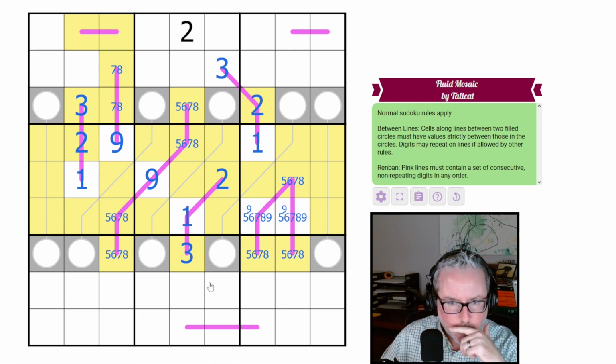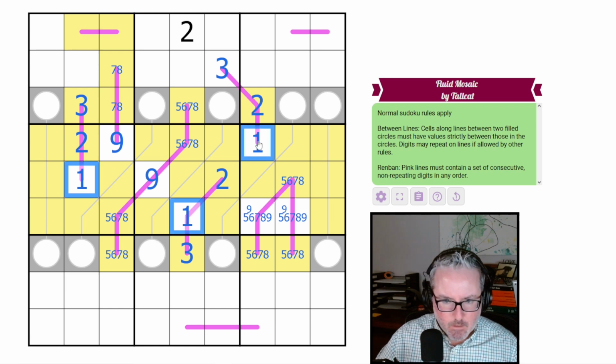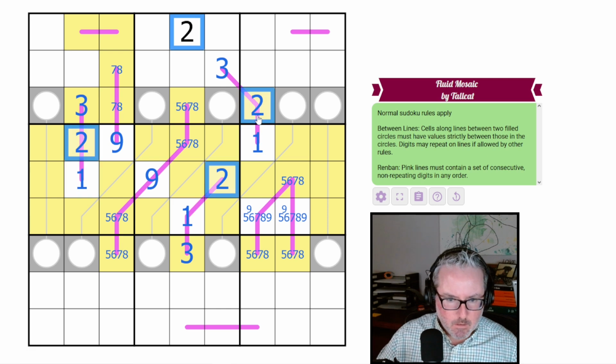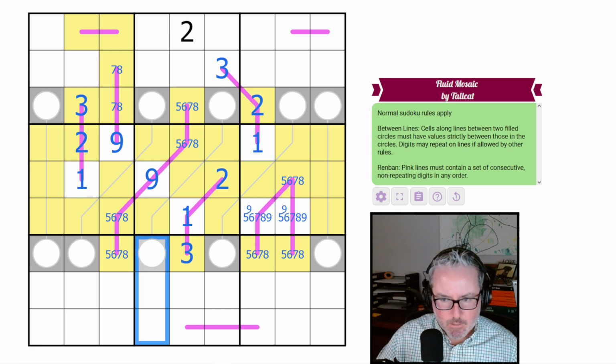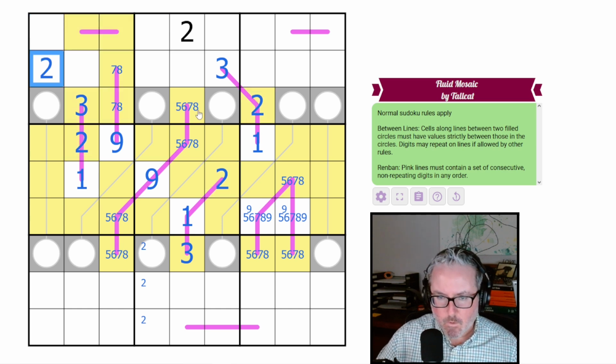Okay, let's see now. If we can take this a little bit further. One of these will be a 2. Anything else? This is a 2. One of these is a 2.